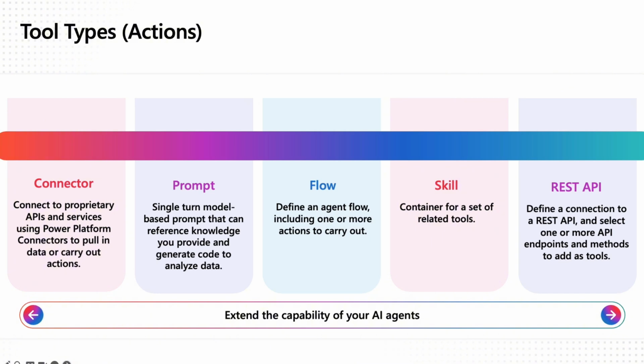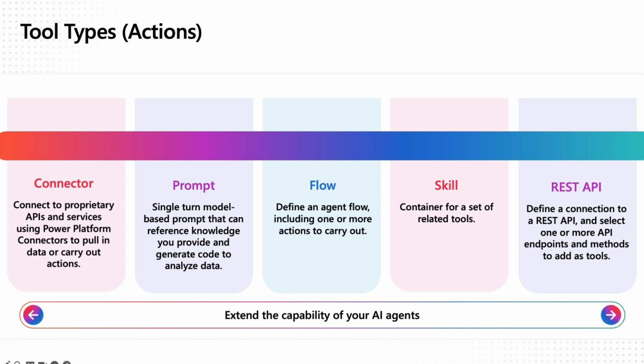A connector tool, previously called connector actions, uses pre-built connectors to access external data sources. A skill tool contains a set of related tools. And a REST API tool, previously REST API actions, defines the connections to the REST API and selects one or more API endpoints and methods to add as a tool. So those are the types of tools, right?